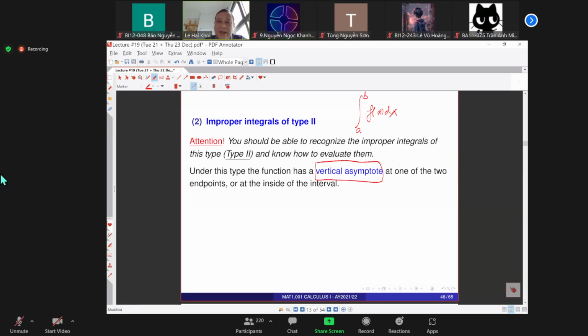It means that at either a or b, or some point inside, which means some c in between a and b. So there are three possibilities for such a vertical asymptote.